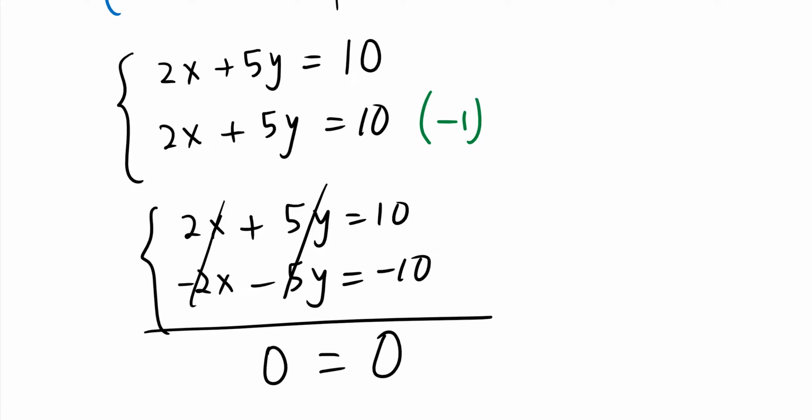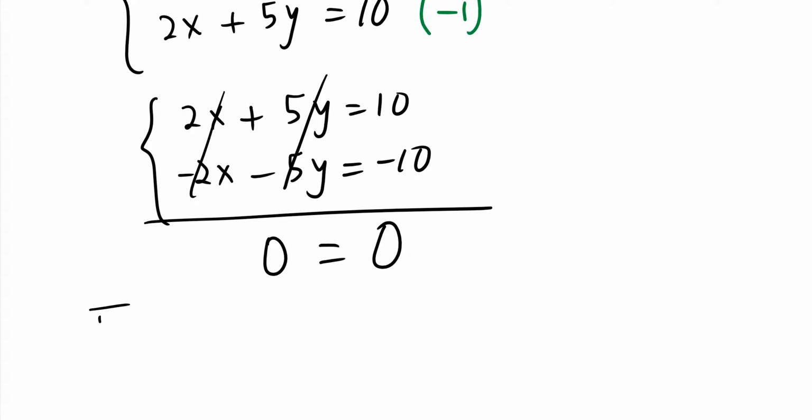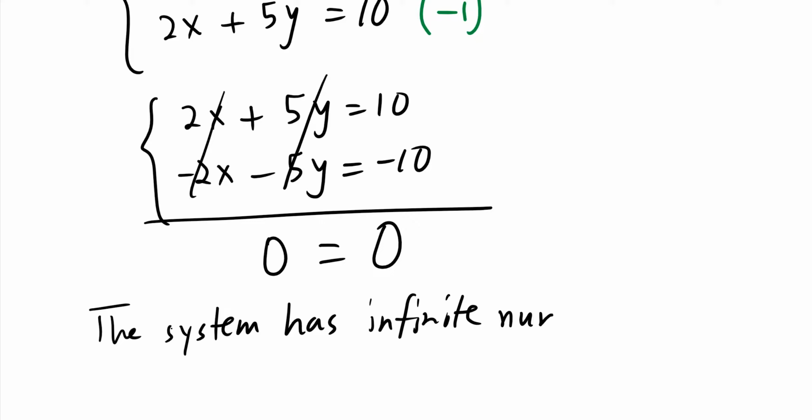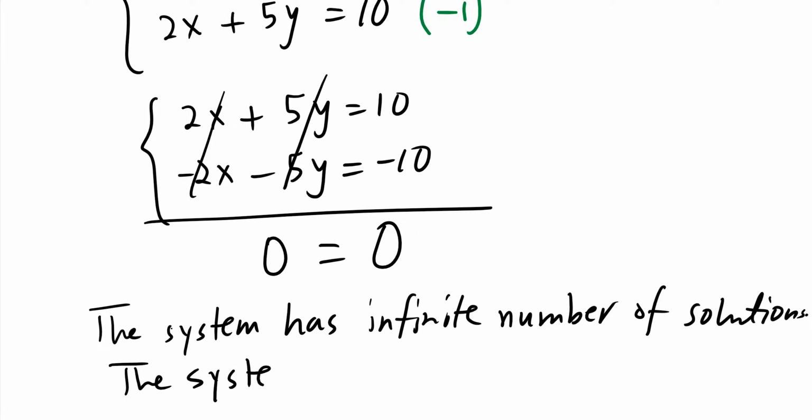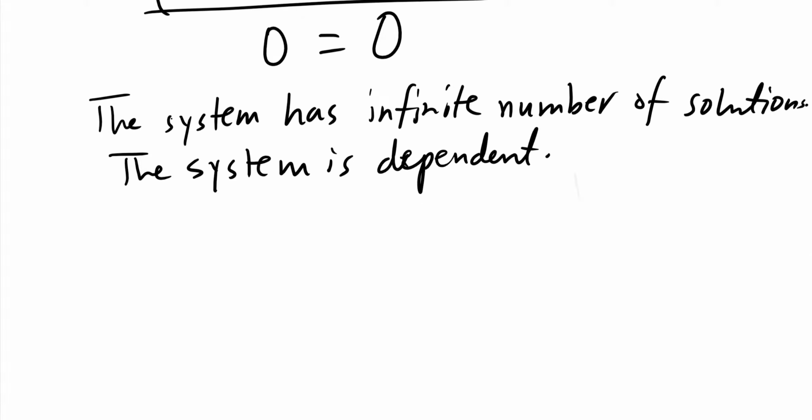That tells me the system has an infinite number of solutions. For any x, y values that satisfy the equation, substituting them in is going to satisfy the system. In this case, we say the system is dependent.